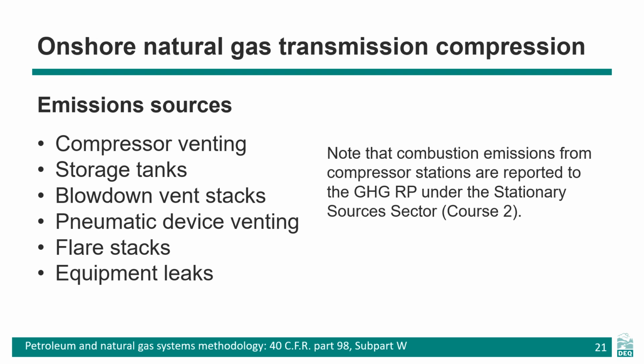Petroleum and natural gas systems reporting under subpart W for compressor stations only includes emissions from leaks or venting at the facility. Combustion emissions, which will be the largest source of emissions from a compressor station, must be reported to the Greenhouse Gas Reporting Program as part of the stationary source emissions report using 40 CFR 98 subpart C methodologies. Those emissions are not included under subpart W reporting.